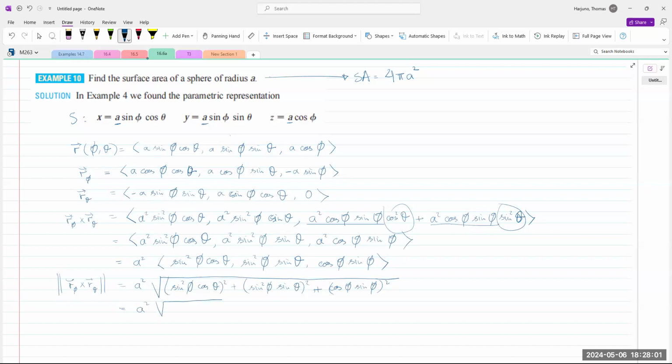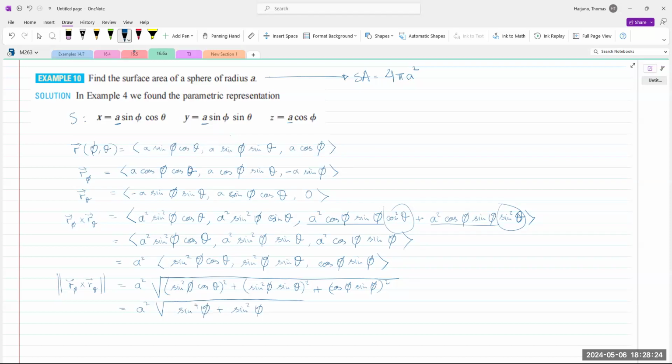The first two terms, when you add them, give you sine to the fourth phi, not sine to the fourth theta.